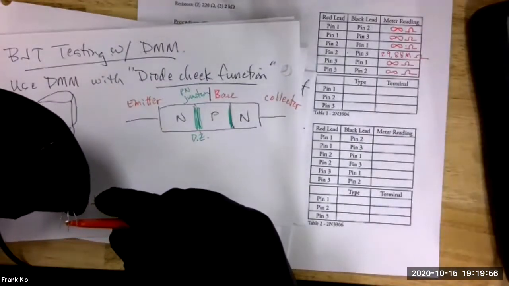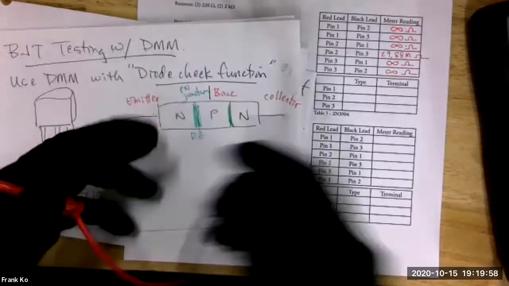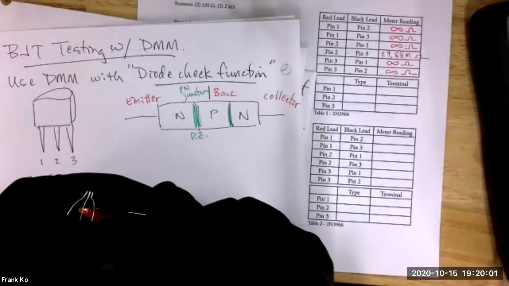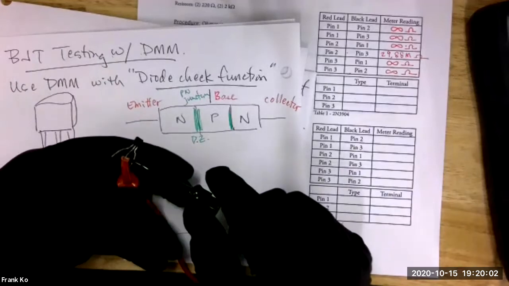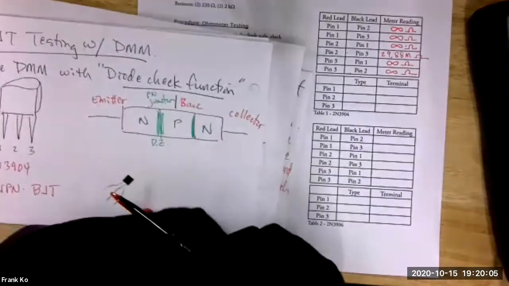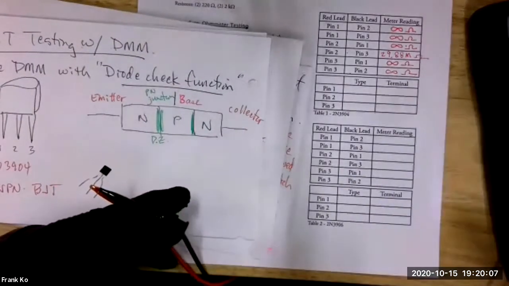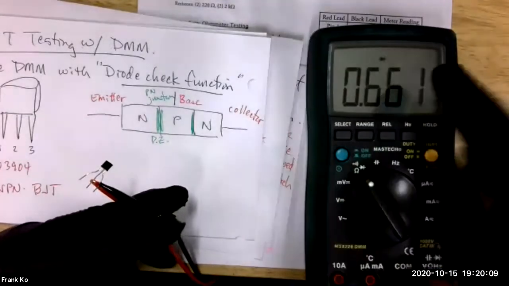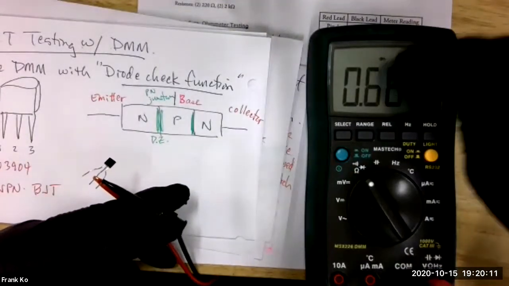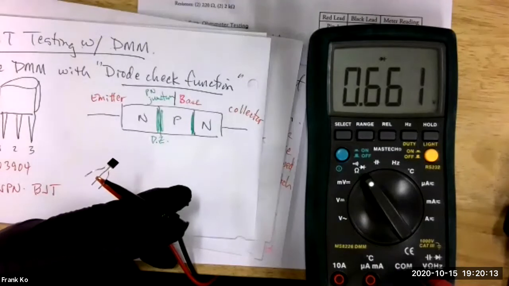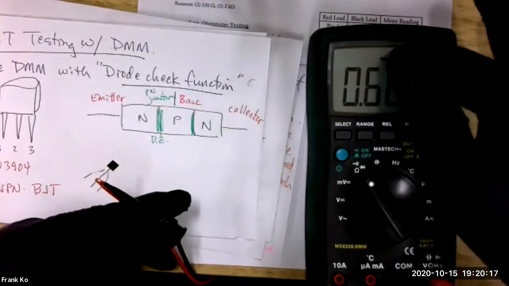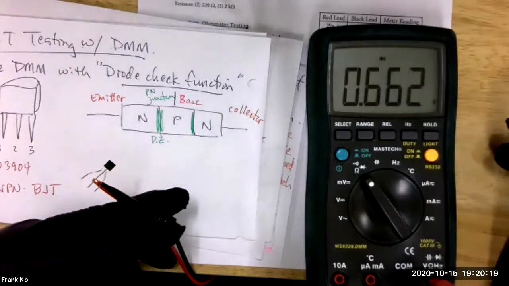So here's 2, and here is 3. 2-3 combination. Here we go. Now make sure, are you on the diode check function? Does it show the diode symbol on the top? Yeah. Okay, be sure you set this so that we have it on the diode function, okay?